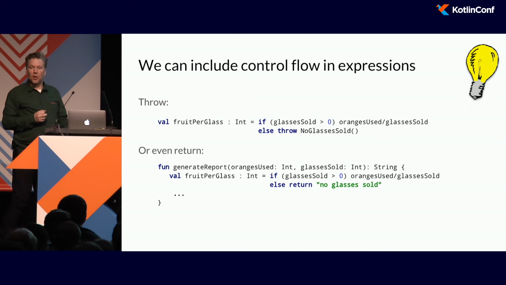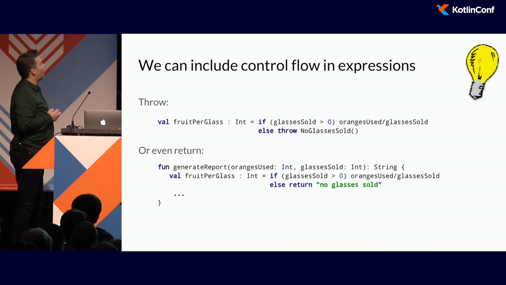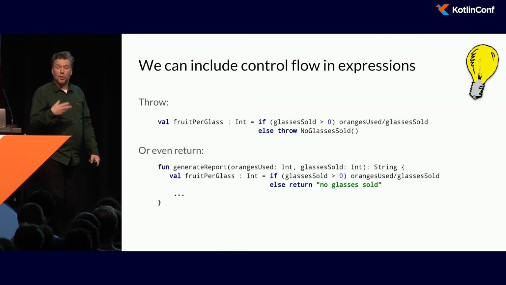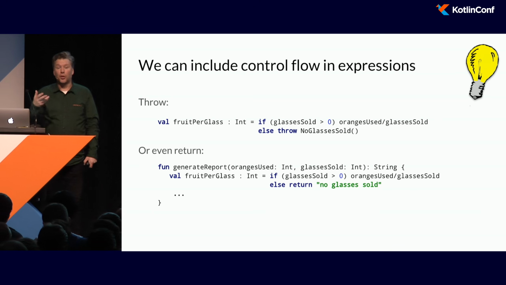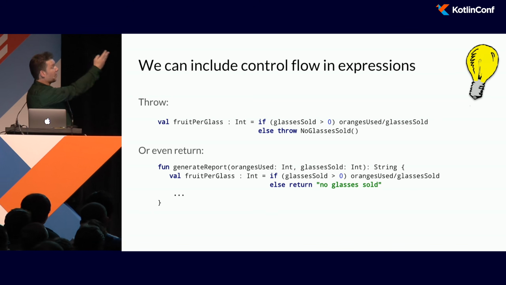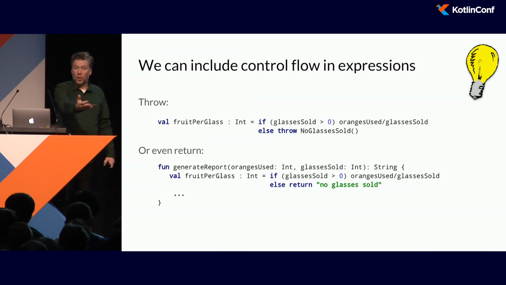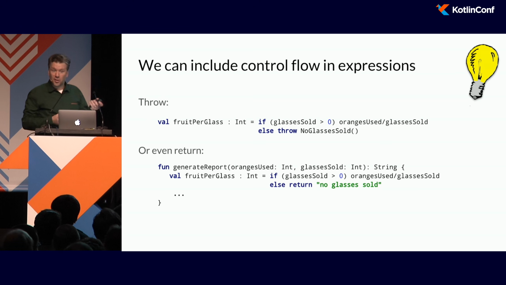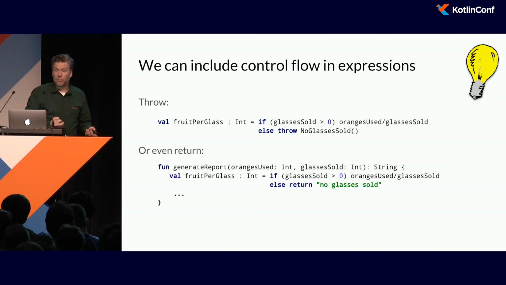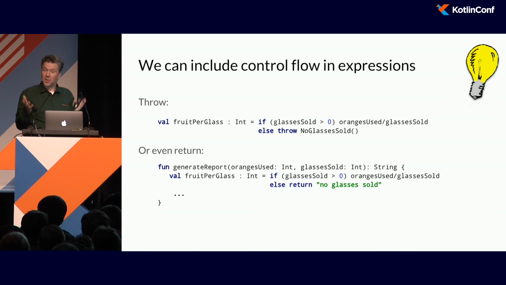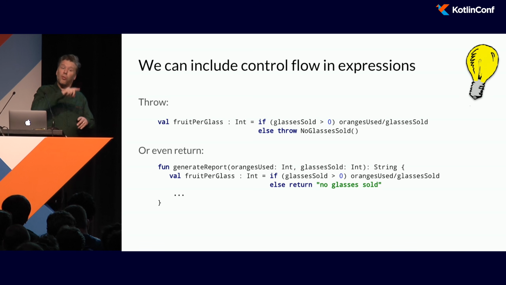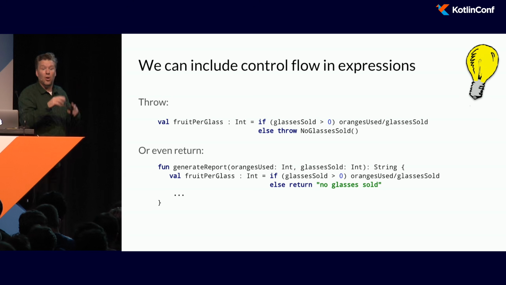In the second example on this slide, instead of throwing an exception, I'm returning a string from the function, because the function is declared to return values of type String. I can return that string from within an expression of type Int because the return expression itself has type Nothing and also performs control flow to interrupt execution of that expression.